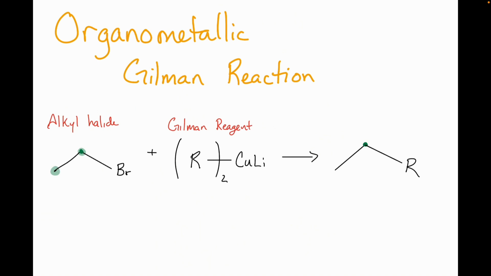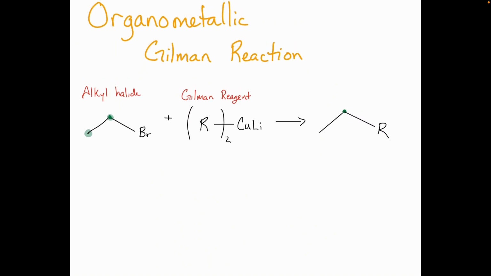All right, so we'll start with the simple one here. I'm going to use a different alkyl halide. Remember, we've got our various halogens that we can use here, so iodine, bromine, chlorine, the usual suspects, not fluorine for whatever reason.